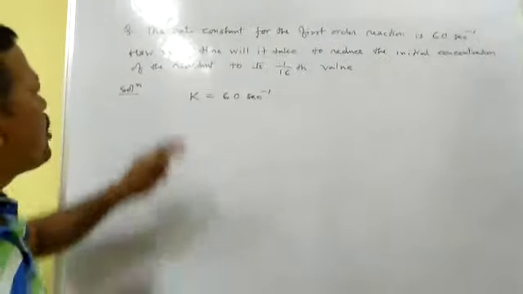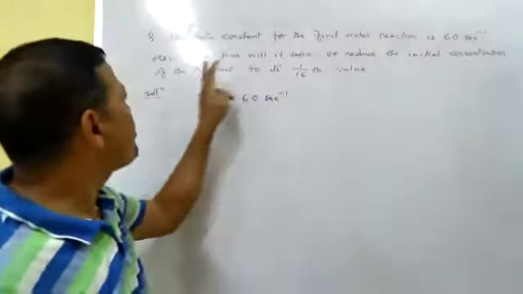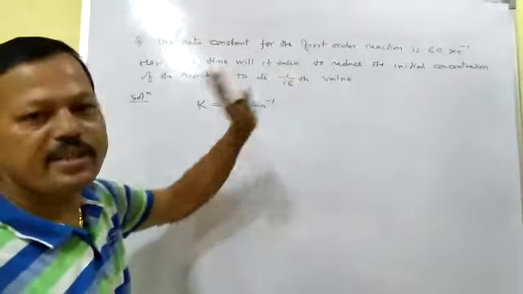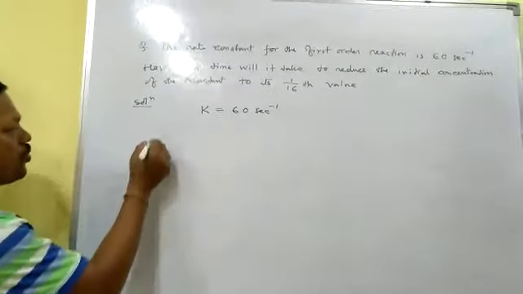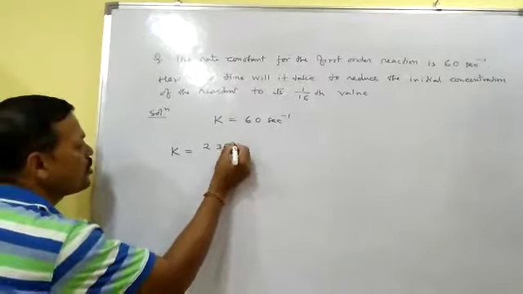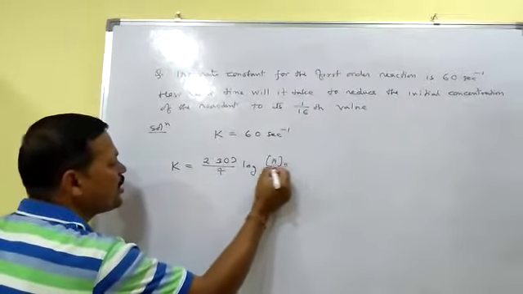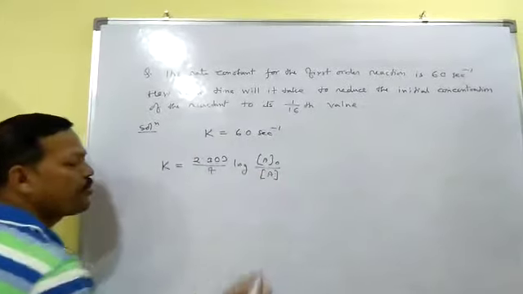So what do you have to determine? You have to determine the time to reduce the initial concentration of the reactant to its 1/16 value. As you know, the integrated rate equation is k equal to 2.303 divided by t, log of initial concentration of the reactant divided by the present concentration of the reactant.